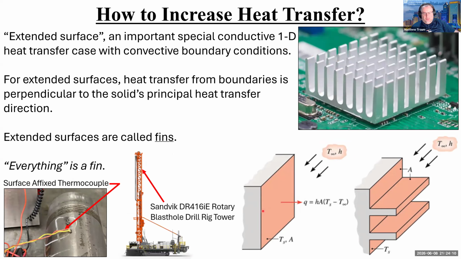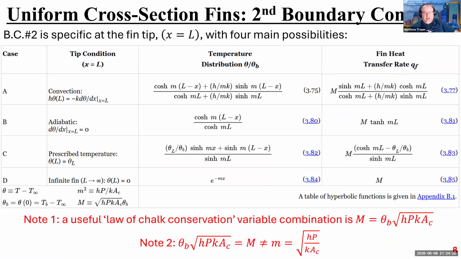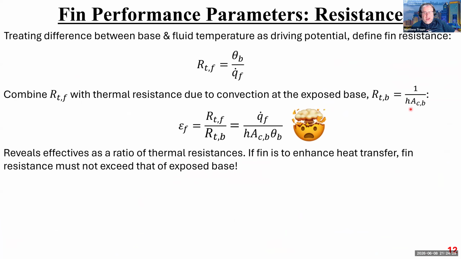If I've got no fin on a surface versus whether I have a fin, when I do have a fin on a surface, the resistance presented by the area where the fin would be if I added it is 1 over hA_c,b, right? A sub c is the cross-sectional area of the fin, that's the area of the fin that gets stuck onto that surface. And then b is the base, and h is the convection coefficient. So I can write this as the resistance for that little section of the surface before I stick the fin on it.